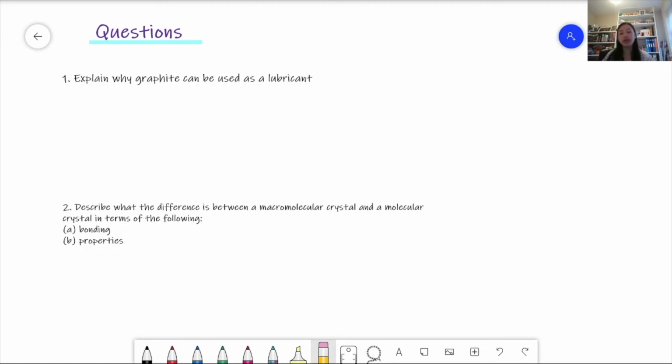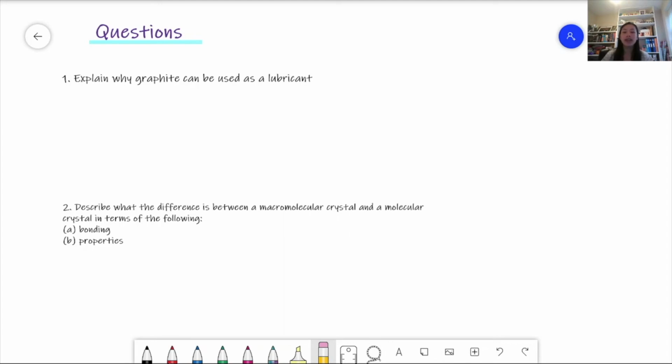For number 2, describe what the difference is between a macromolecular crystal and a molecular crystal in terms of the following: bonding and properties. So with bonding, macromolecular means giant covalent, and molecular means simple molecular, so just molecules.